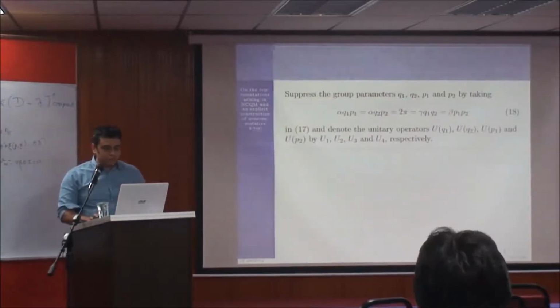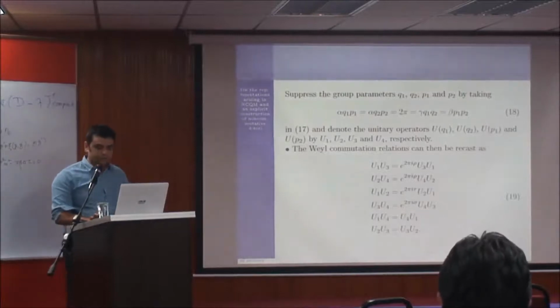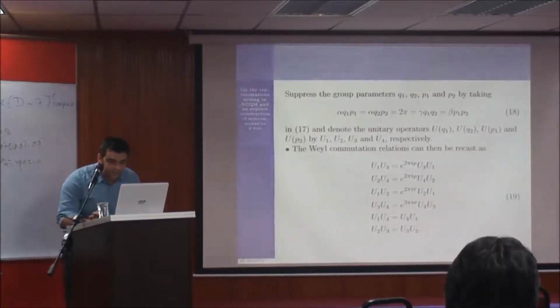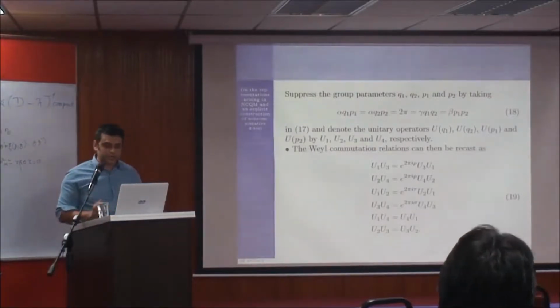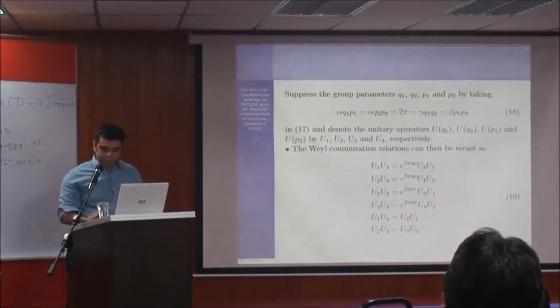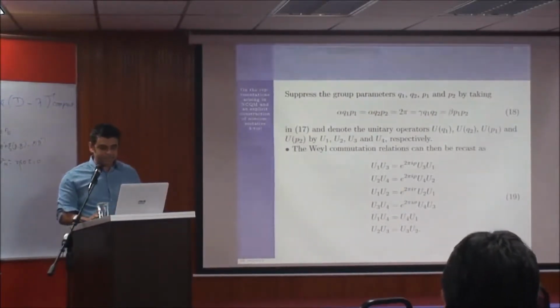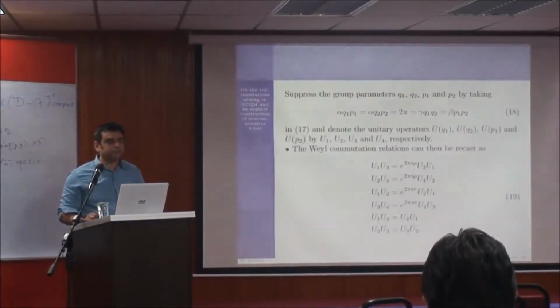Okay, so now by easy substitutions, we form equation number 19, where you see that U1, U2, U3, and U4 obey these defining relations. As you can see, those P1, P2, etc. are uniquely fixed.